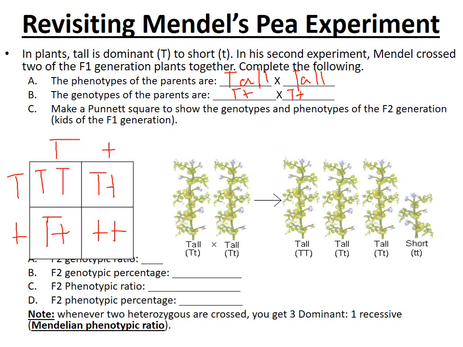The F2 genotypic ratio, it's overlapped here, but let's just take a look. For the genotypic ratio, we'd have 1 big T for every 2 big T, little t, for every 1 little t. You could do your percentage.